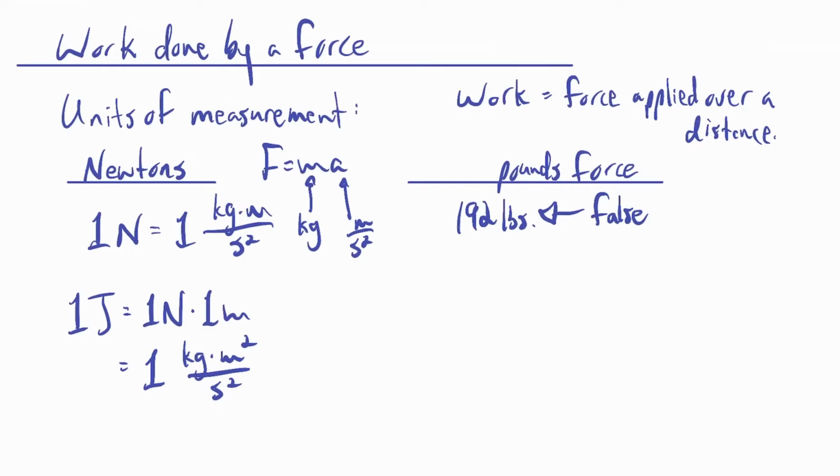Would you say that you weigh something in kilograms? No, your mass is in kilograms. You weigh in newtons, because newtons is the unit for force. So in the non-SI, American system of units, this is false. I do not weigh 192 pounds.